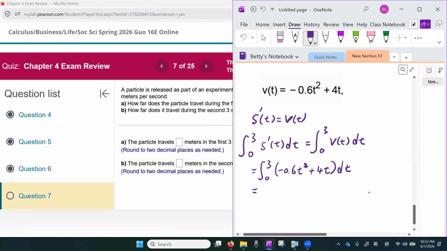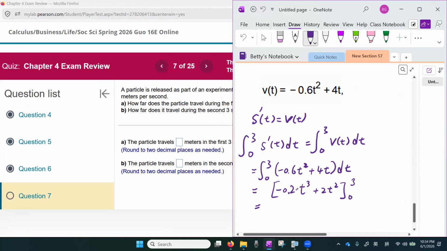The antiderivative, negative 0.6 t cubed over 3 plus 2t squared. If you're not sure, double check, all right? So actually I can change here to negative 0.2 t cubed. If you're not sure, you can double check. Negative 0.2 times 3t squared is negative 0.6 t squared, and that's 4t. And from 0 to 3.